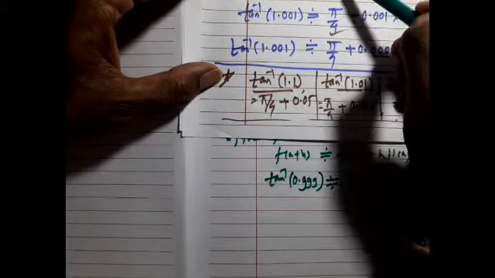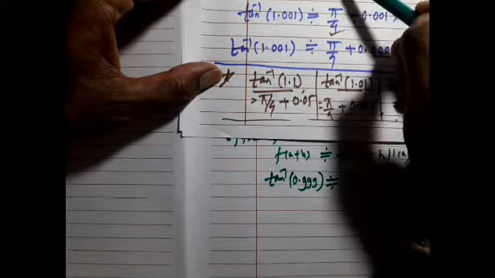So what will be the answer? Pi by 4 minus 0.00005, that is 1, 2, 3, 4 and 5 decimals. So this is a standard example. Similarly, you can take for the cot inverse also. Okay.